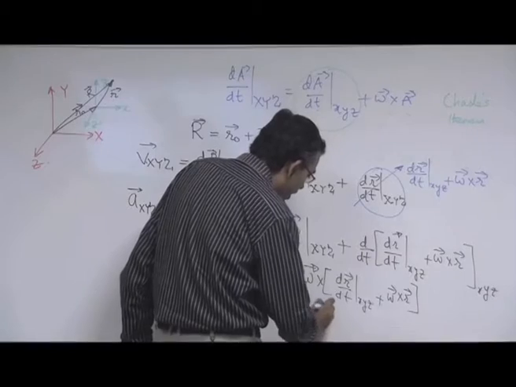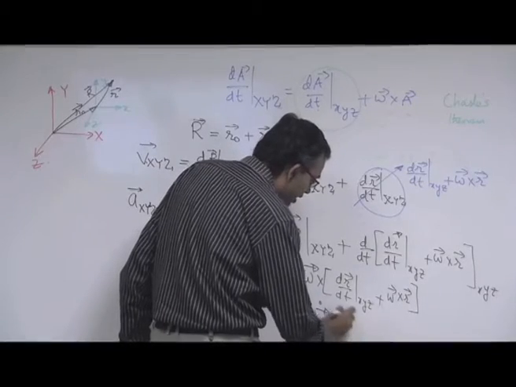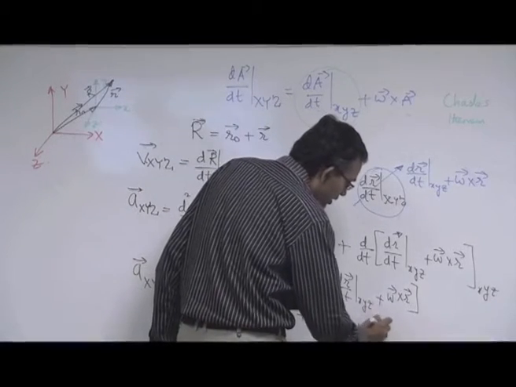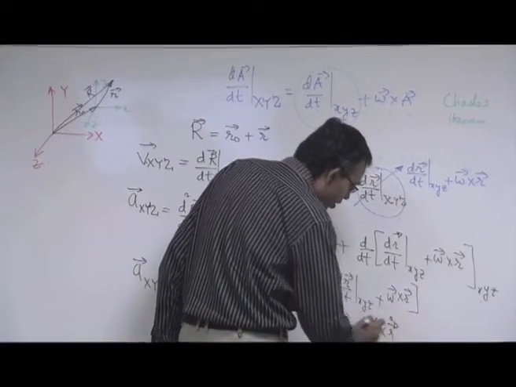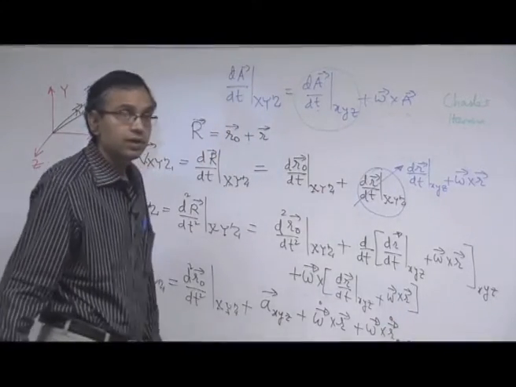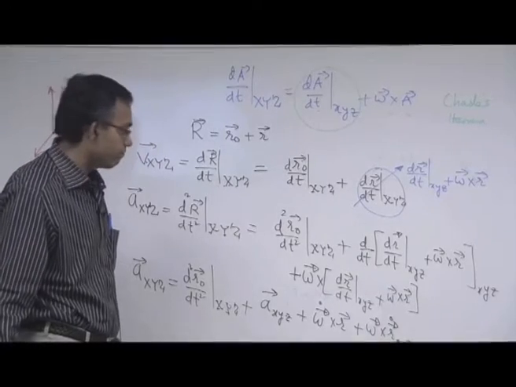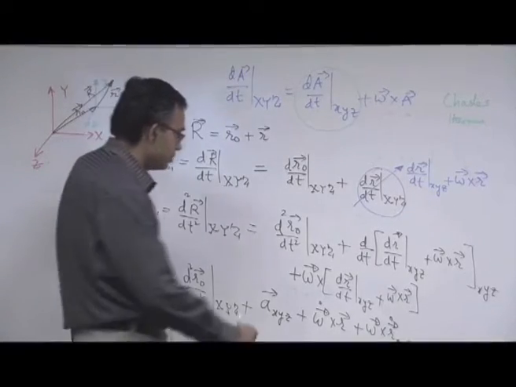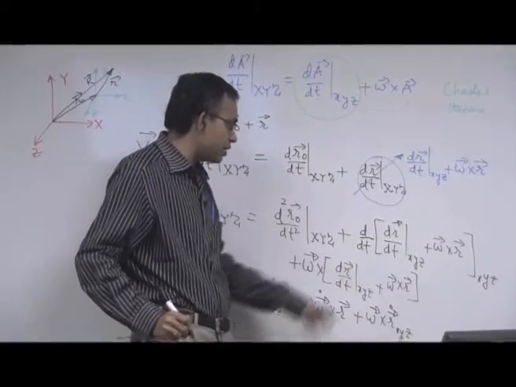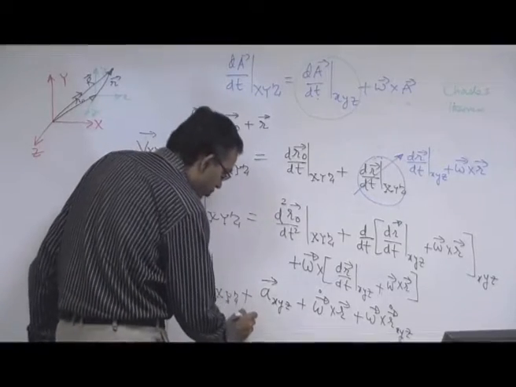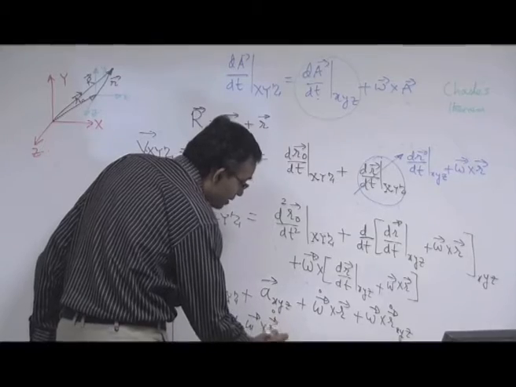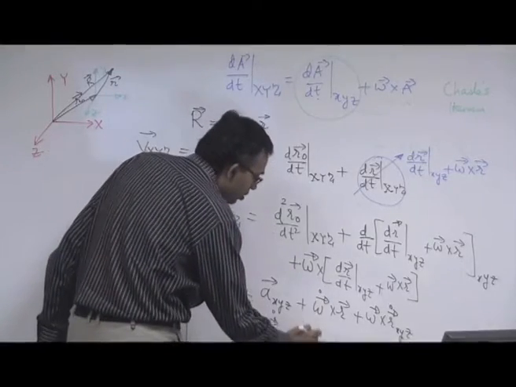Omega dot cross r, where omega dot is the angular acceleration, plus omega cross r dot, all with respect to small xyz. Then plus omega cross dr/dt in small xyz, this is again omega cross r dot in small xyz, plus omega cross omega cross r.